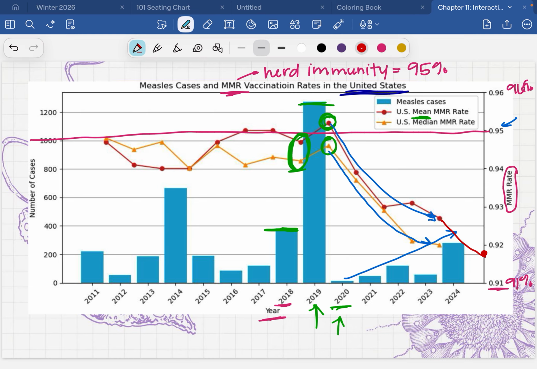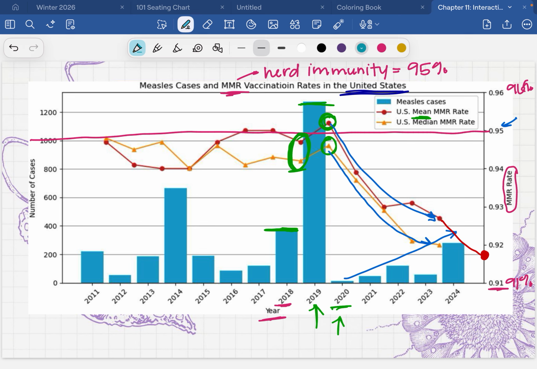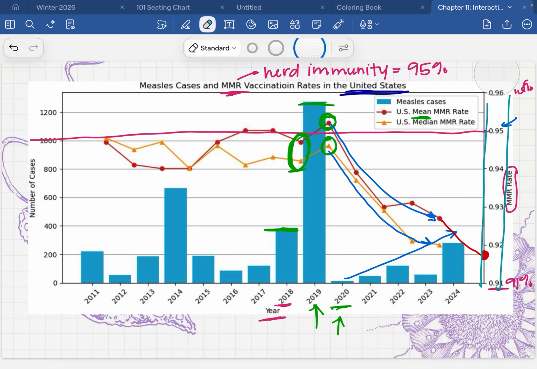Okay, so it dropped down below 92%, again, well below the 95% herd immunity. Now, the number of measles cases in the United States in 2025 is completely off this chart, actually. So I will draw this line over here.